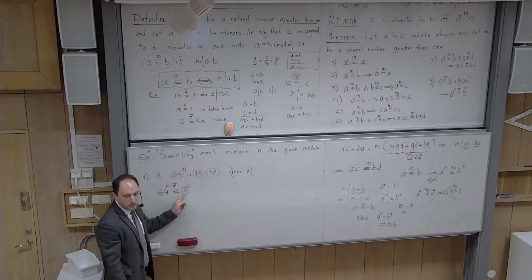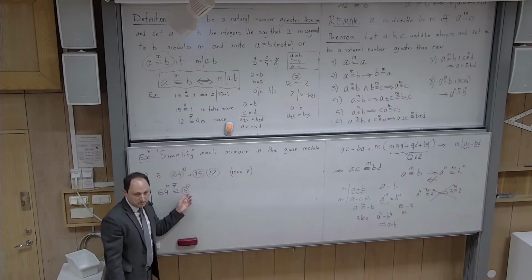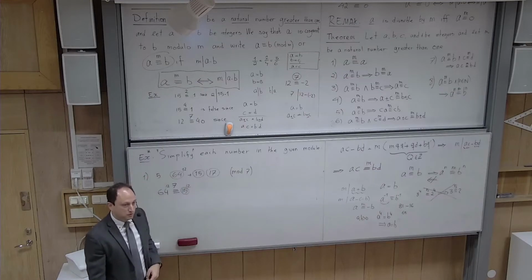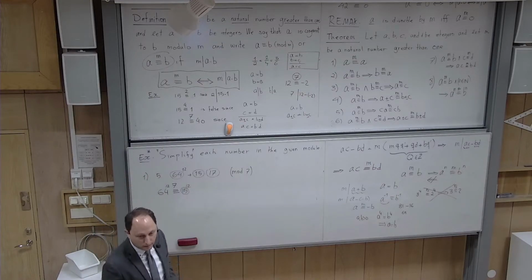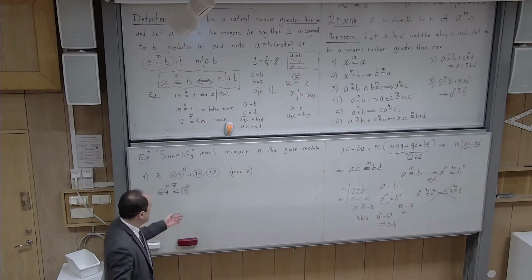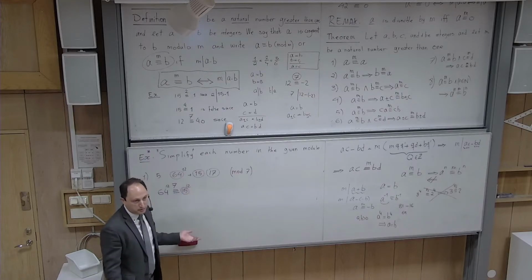So one number is 0, because 0 to any power is immediate. The other number is 1. 1 to any power is immediate. The other one is minus 1, which is also very simple, because if you raise it to an even power, it becomes 1, and to an odd power, it becomes minus 1.